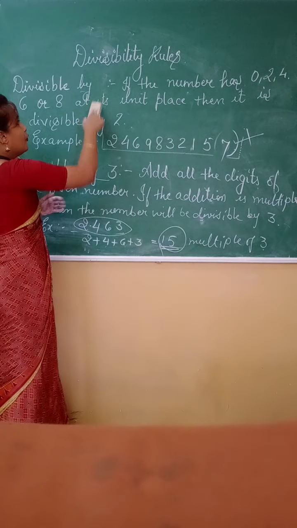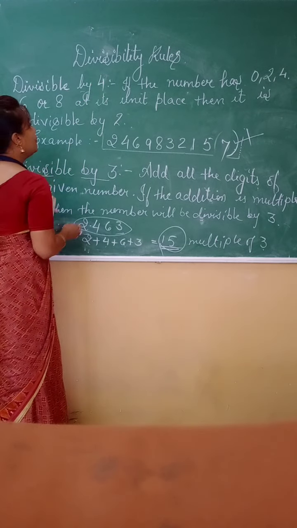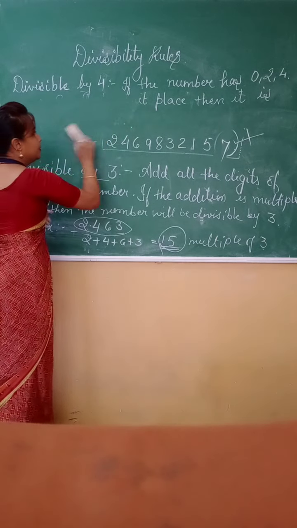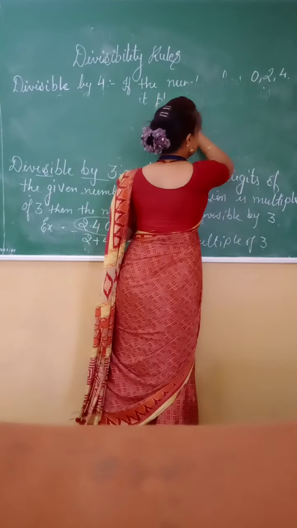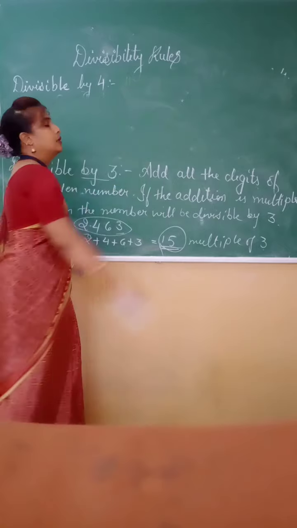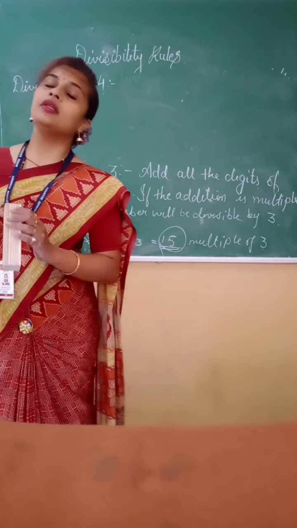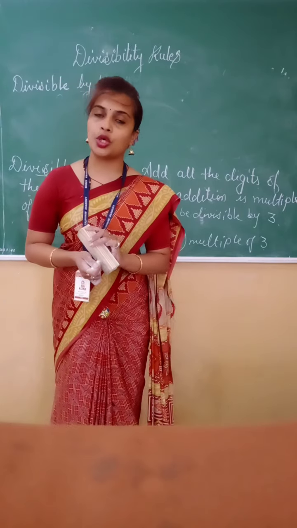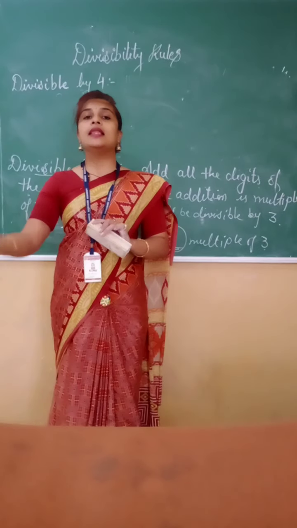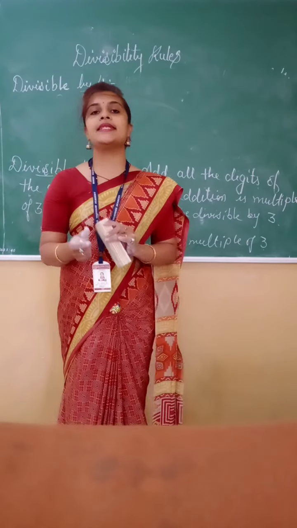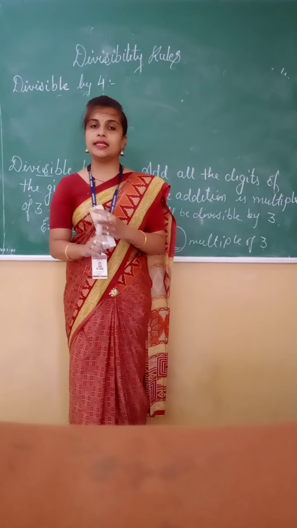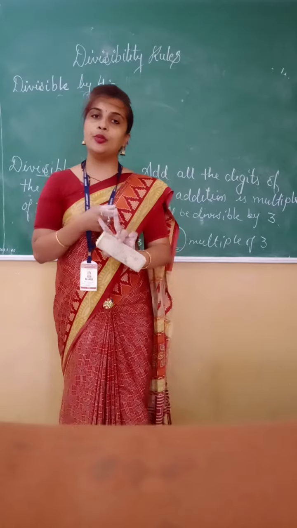Divisible by 4. How will we find that any number is divisible by 4? For finding out whether the given number is divisible by 4 or not, we have to check the last two digits of the given number. Last two digits means the digits at the tens place and ones place.